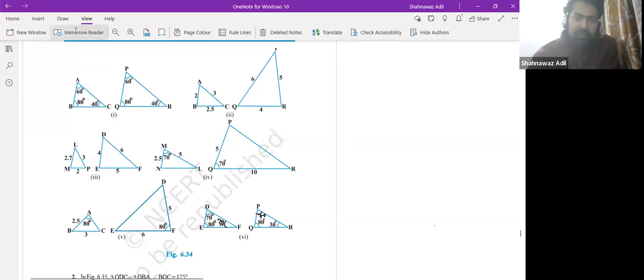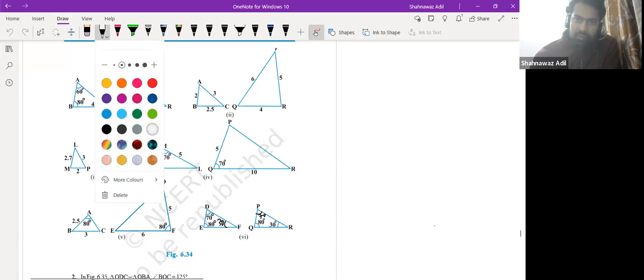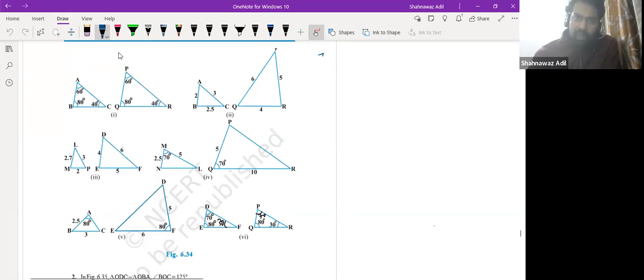In the first triangle, in triangle ABC and triangle PQR, what do you have?